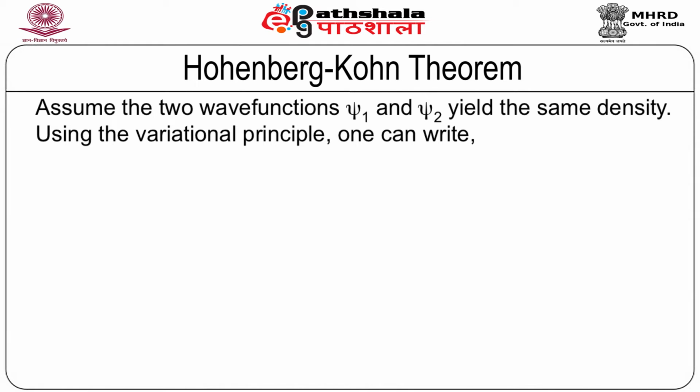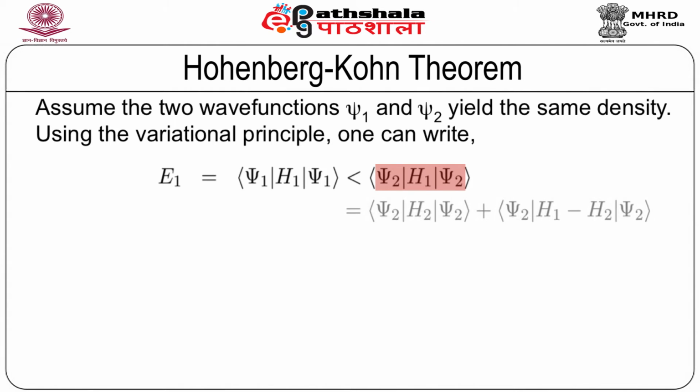Using the variational principle, one can then write the energy E1, which is given by this matrix element of H1 in this basis psi 1, is less than <psi 2|H1|psi 2>, because psi 1 is the eigenfunction while psi 2 is not. Then one can write this as <psi 2|H2|psi 2> plus <psi 2|H1 minus H2|psi 2>.